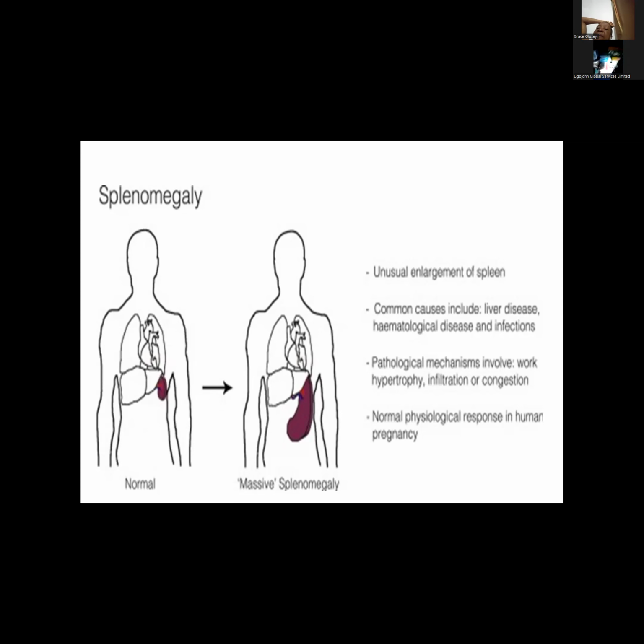Why? Because it has to do a lot of filtration. It has to do a lot of fighting, producing more white blood cells to attack. And when the spleen begins to work in excess, it tends to show it by becoming inflamed at some point.